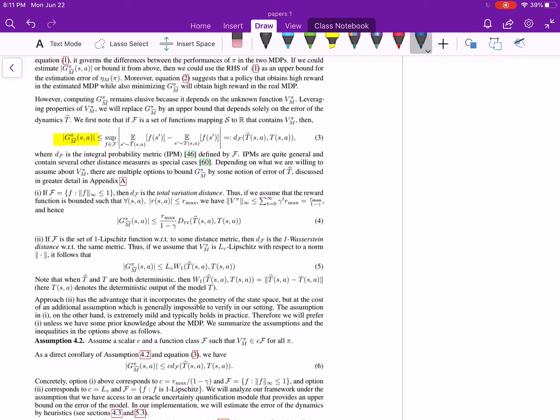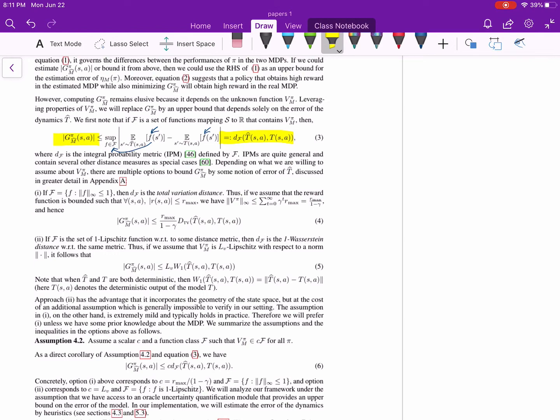Earlier this was a value function, so here if we consider any bounded function which is in this class f, we could write it in this way. We could bound it with the supremum norm of this function class. So this seems a good metric for quantifying this error.